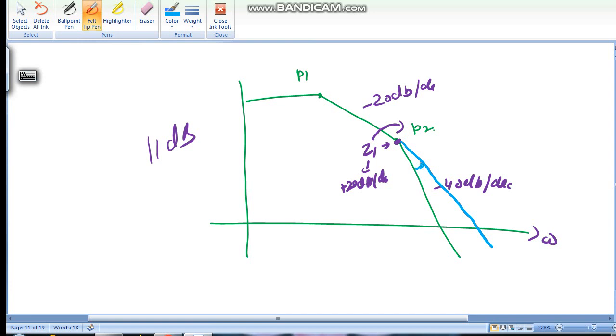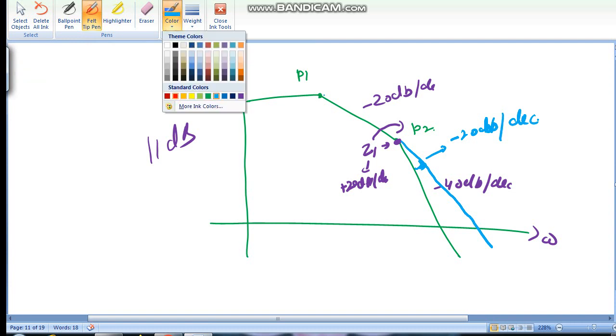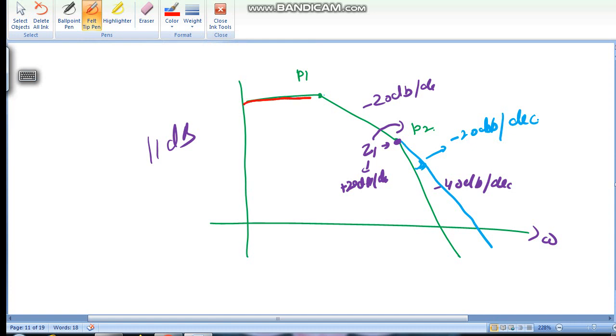So it will shift here. The actual plot will be something like this, after putting the zero.